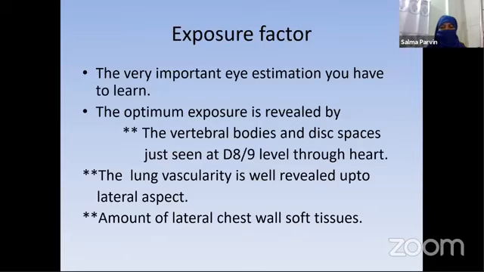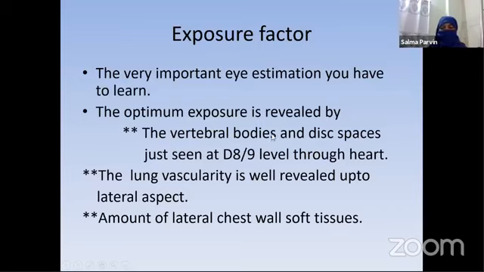So you must have a gross estimation of how the exposure factor interacts with this very patient during the exposure you made on the X-ray plate. So what is the optimum exposure? You have to study a few things, like the vertebral bodies and disc spaces being just seen at the D8, D9 level through the heart.